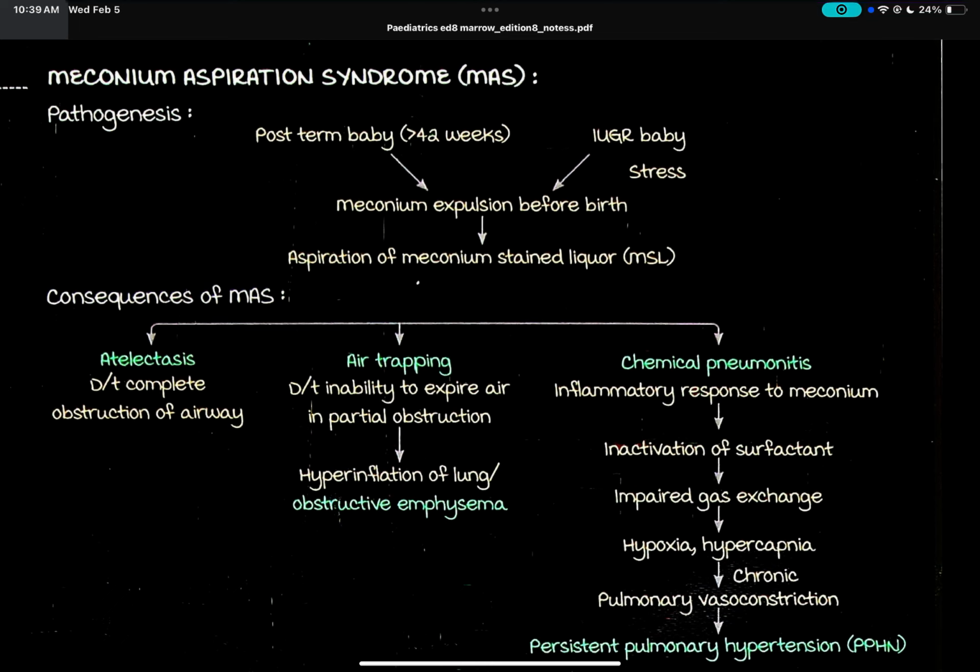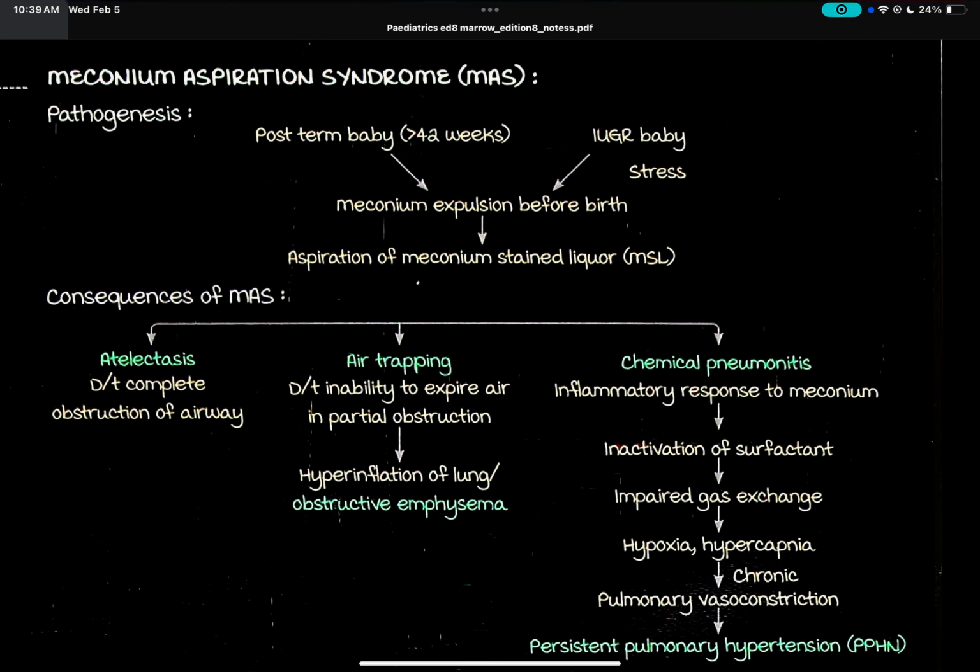Consequences of meconium aspiration syndrome. Atelectasis due to complete obstruction of airway. Air trapping due to inability to expire air in partial obstruction. Hyperinflation of lung, obstructive emphysema.